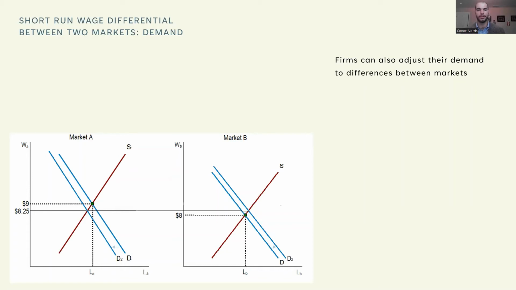So here in the figures on the slide, we can see how changes in demand can reduce or eliminate wage disparities. So this is the demand for low-wage workers, that's market B, while market A is the market for high-skilled workers. As the demand for low-wage workers increases in market B, so we shift the demand curve from D to D2, it's going to increase the wage that they command.